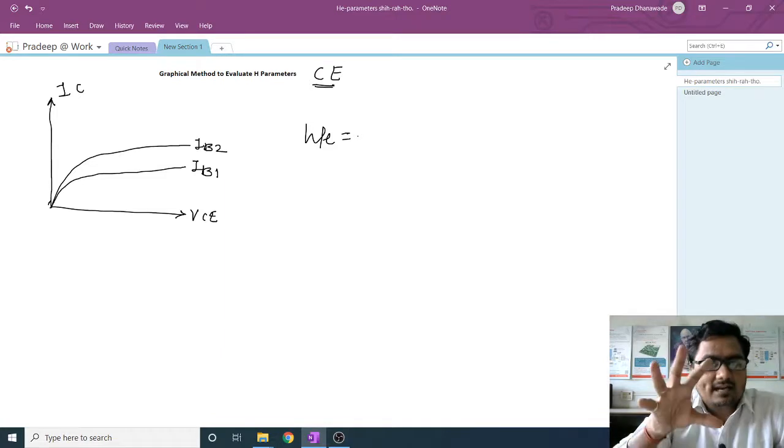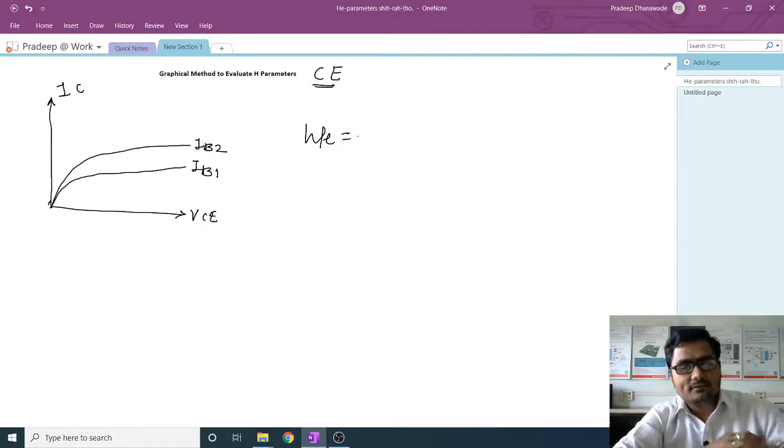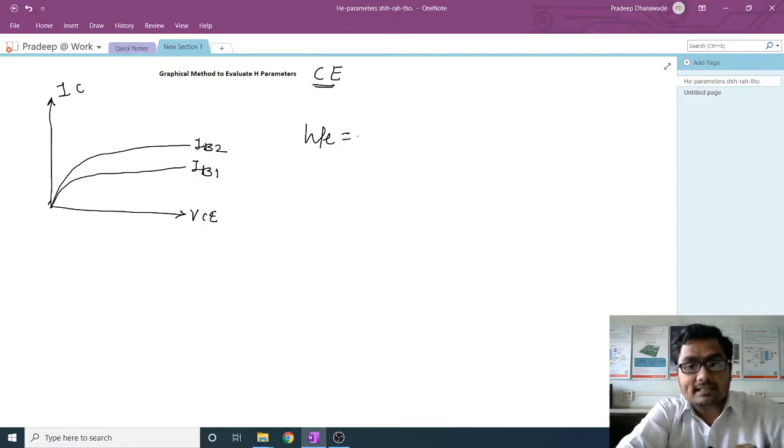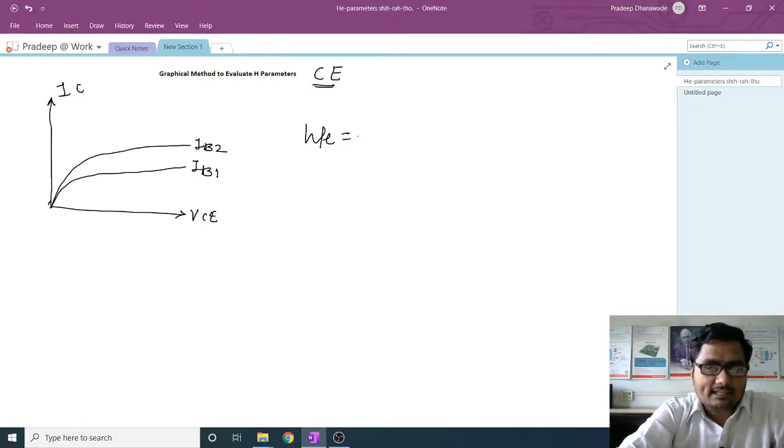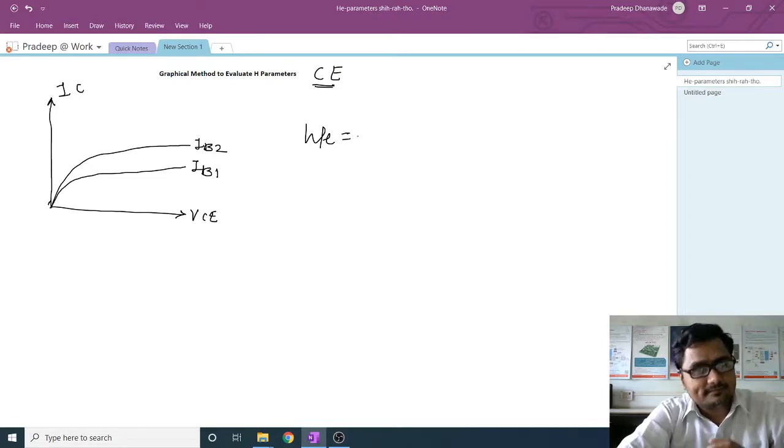So I have performed a practical for CE configuration and characteristics, and then I am plotting a graph. So this is my graph on my graph paper. If you have this graph, then from this, how can I calculate or evaluate HFE? That's my task. Now the thing is clear.